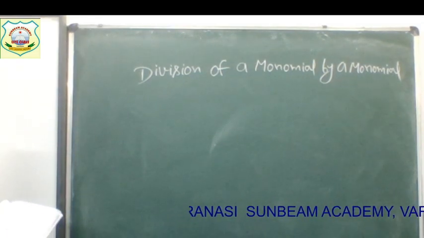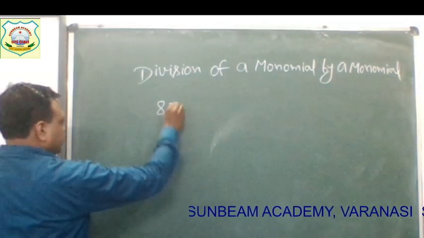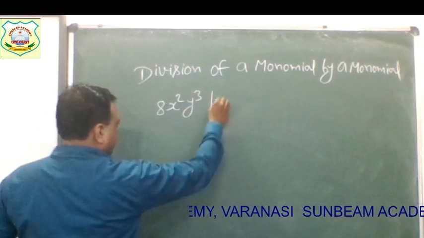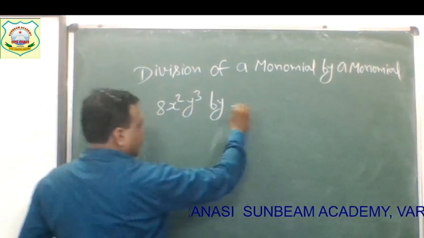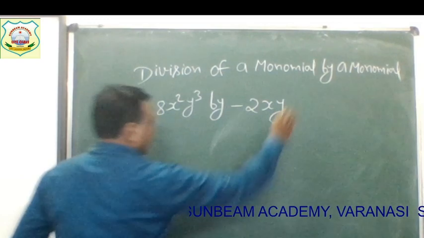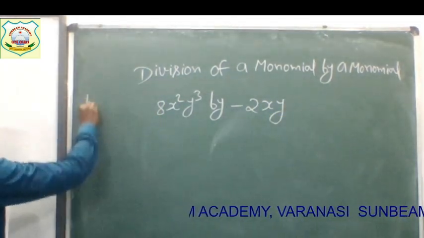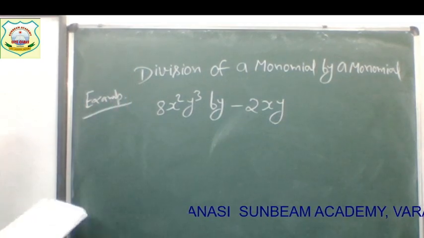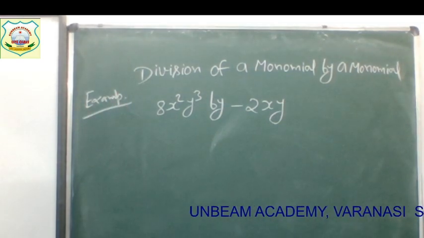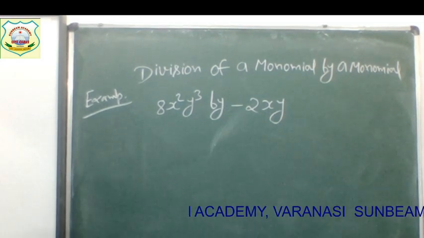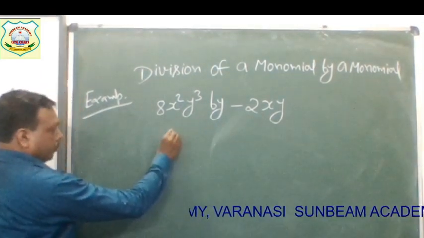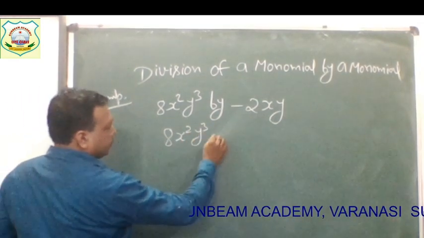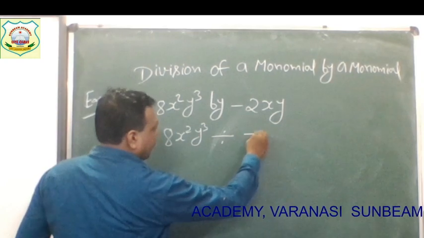Here the example is given, 8x square y cube divided by minus 2xy. Students, this is the example. So how will we do this, students? First of all, 8x square y cube divide minus 2xy.